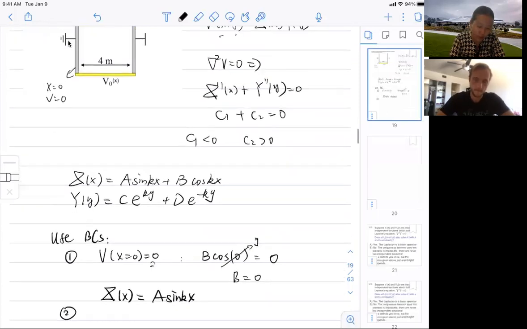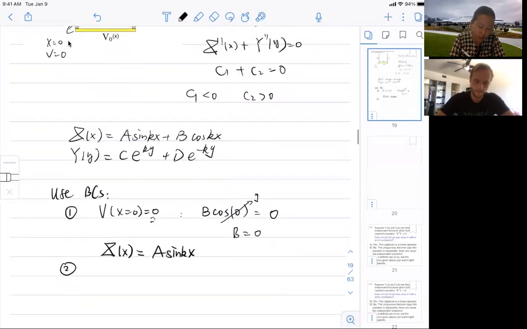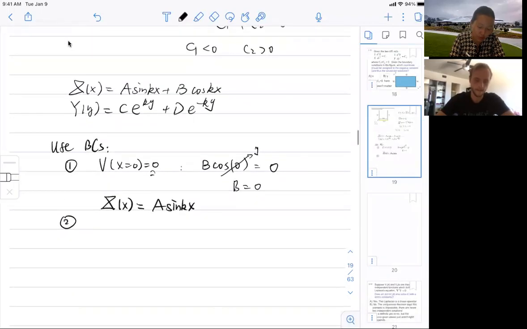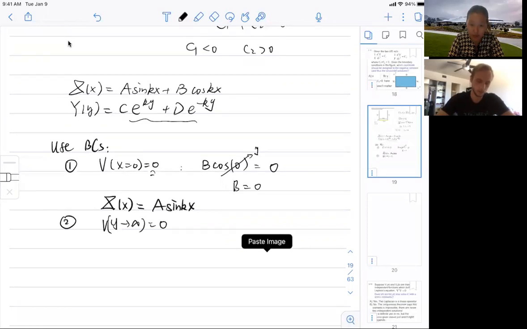Now let's find the other one. I'm going to apply the one that is physical: as y goes to infinity, V has to be 0. You can see we need to apply this to the y function. As y goes to infinity, e to the negative ky goes to 0, but the first term does not.